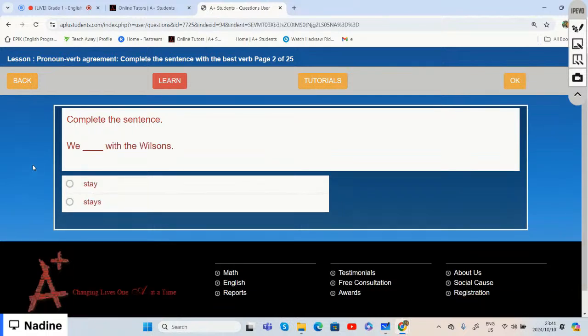Do we say we stay with the Wilsons, option one, or we stays with the Wilsons, option two? Which one is correct?